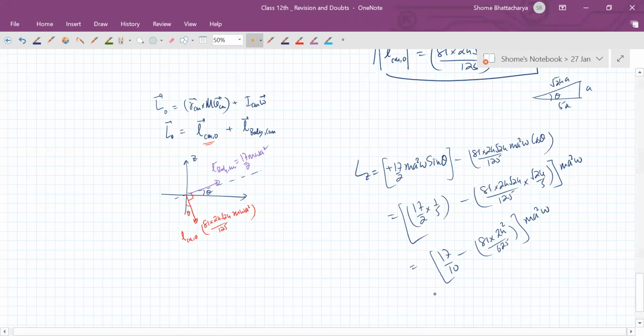It is a bit different from that. If you calculate its estimated value, the actual angular momentum will be along the negative z axis, approximately.